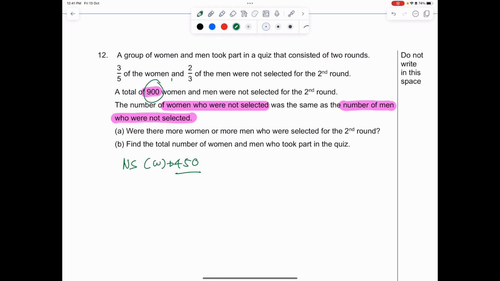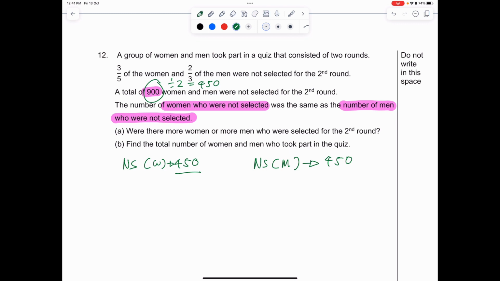Because 900 divided by 2 is 450. Why divide by 2? Because 900 is the total number of men and women not selected, and they are the same. And then not selected for men, it is also 450. Next, we draw model to help us understand.